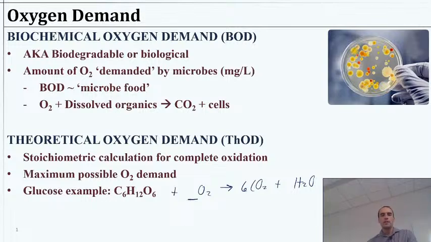But that's just in theory, right? In practice, maybe a portion of these are built into a cell instead of oxidized, sort of like a combustion reaction. Maybe there are some organic compounds that are just not very digestible, right? So in practice, the theoretical oxygen demand will generally be higher than the actual.